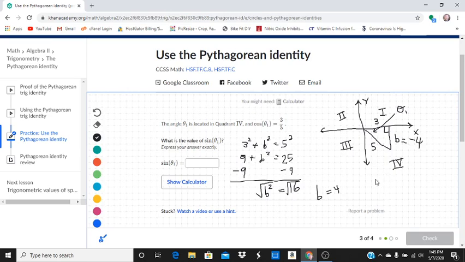So we can say that the sine of theta sub 1 is going to equal the opposite side, and because it's in the negative y values, it's going to be a negative 4 over 5.